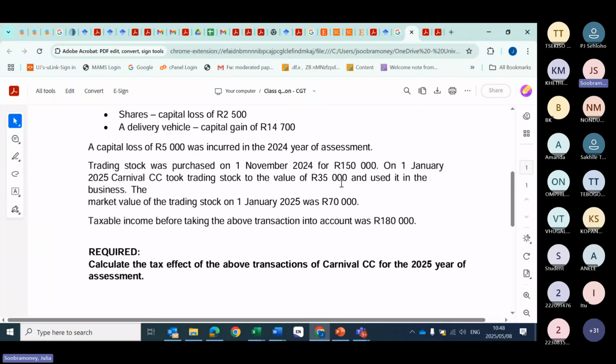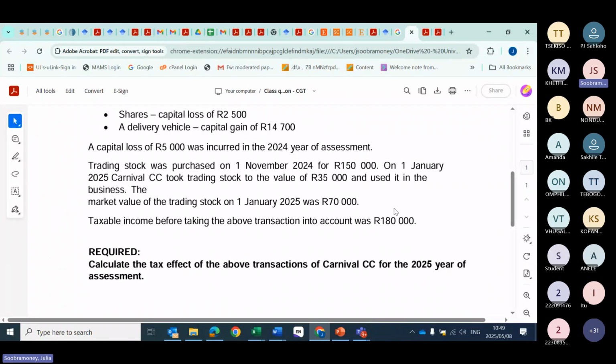At the same time, I'm purchasing it back. And if I'm purchasing back, I have to purchase it back at what I sold it for, which is the market value. So in your register, this new vehicle that you took out of your trading stock, the cost price of that vehicle will be equal to 70,000 Rand, the amount that you recouped. So what are we actually doing as well? We're setting the cost price for the capital asset.